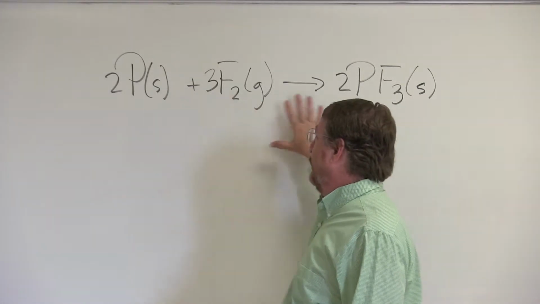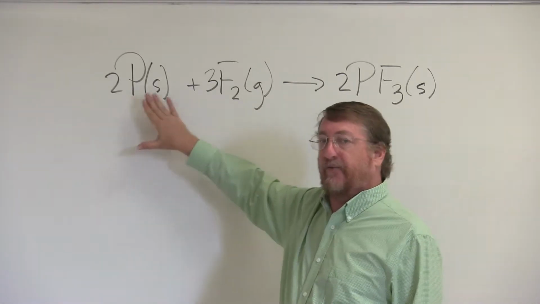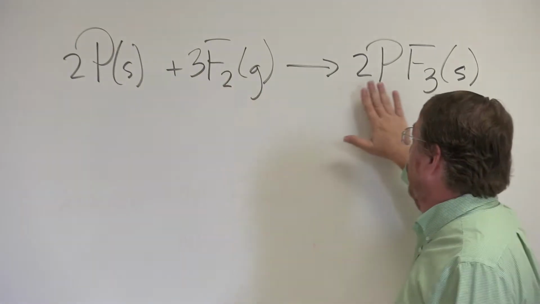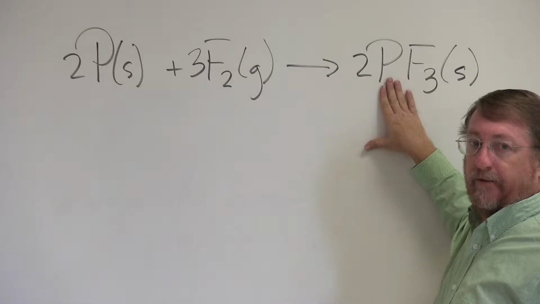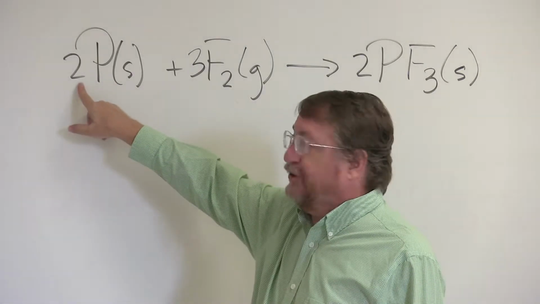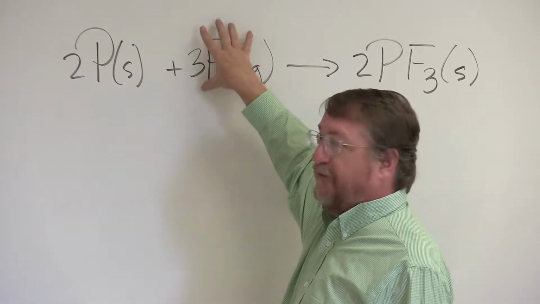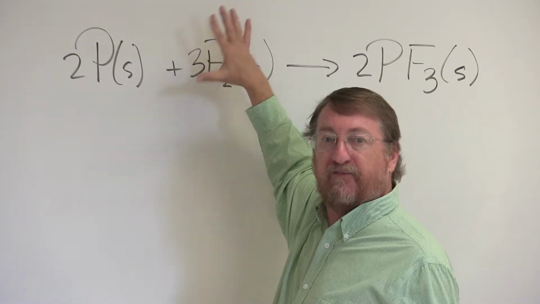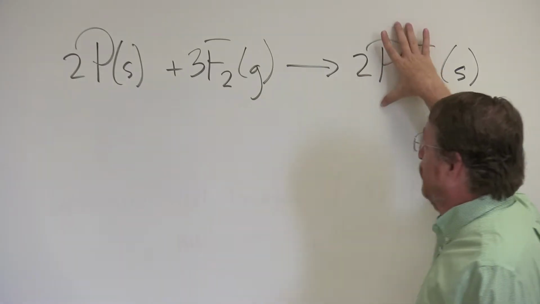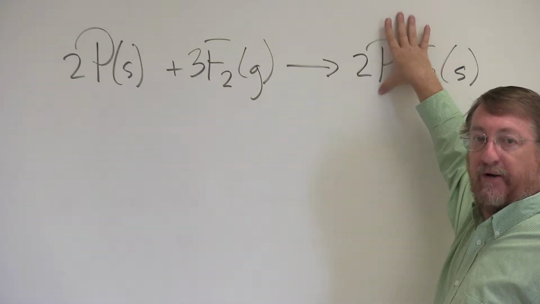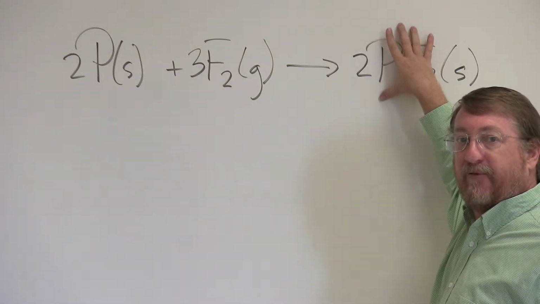So one of the things we want to understand here, we've got a reaction of phosphorus with fluorine producing phosphorus trifluoride, okay? These coefficients mean something to us. Obviously, the subscript of the fluorine just tells us what fluorine is. Fluorine's F2. This tells us what the relationship between fluorine and phosphorus in a compound is, PF3.